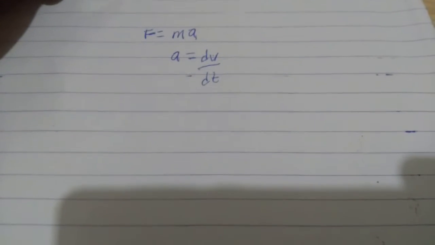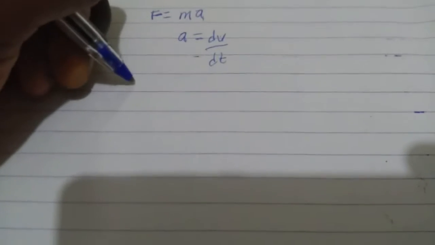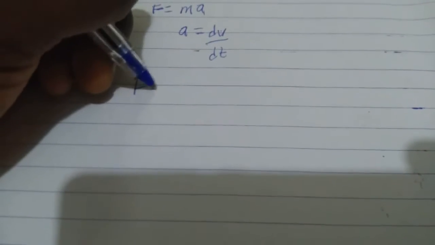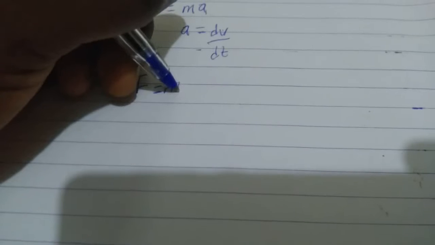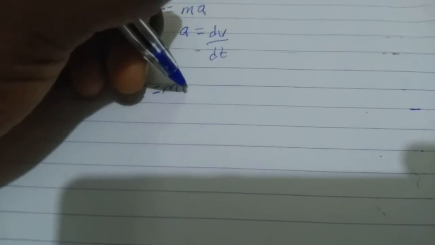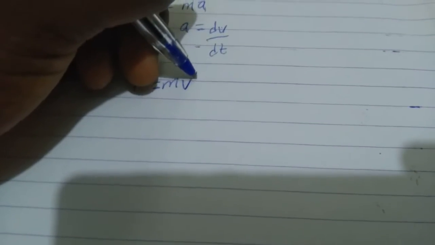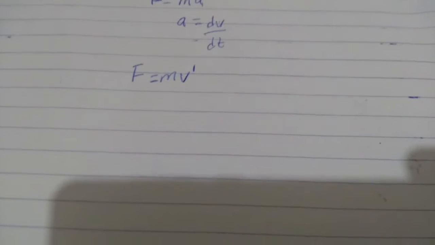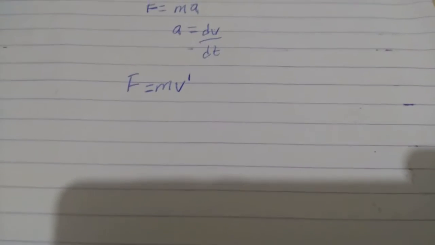But our acceleration equals the derivative of velocity with respect to time. So it's a derivative. We can write this also as force equals mass times, let's say we put it as v prime. So we have our derivative here because it's an equation involving a derivative.